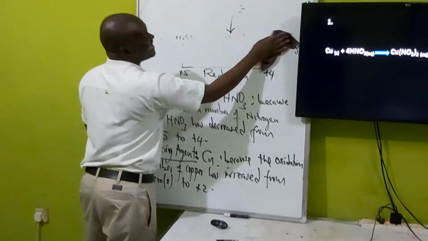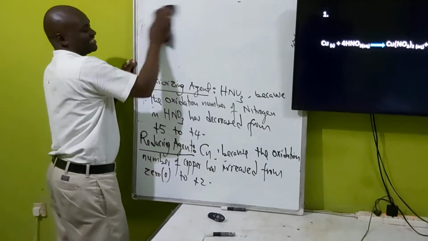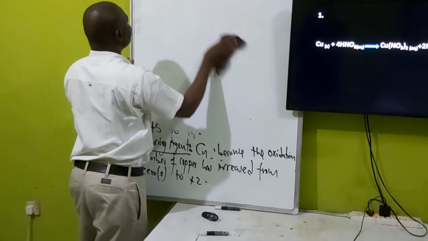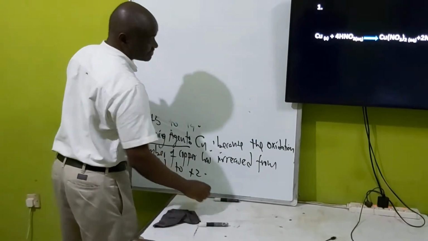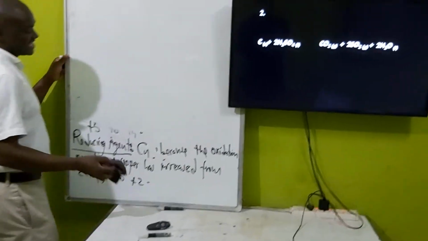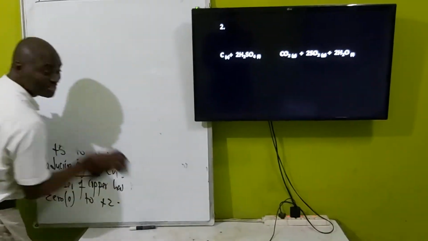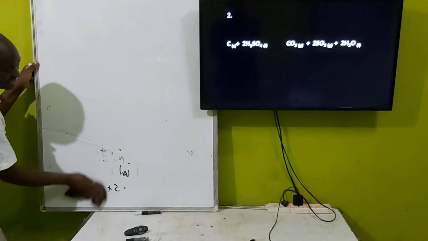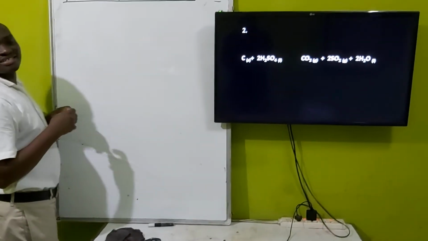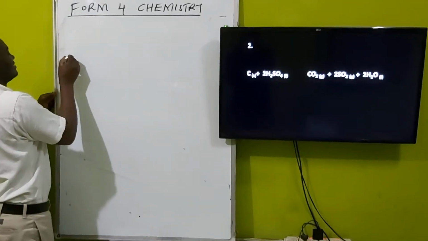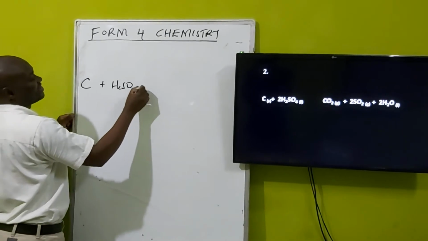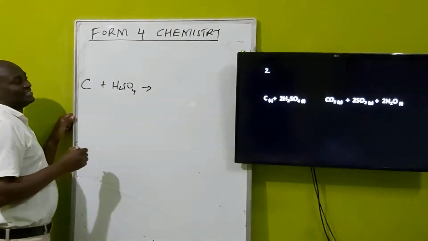Let's look at the second example. Our second example is a reaction that is used in Form 2 to demonstrate chemical properties of sulfuric acid.